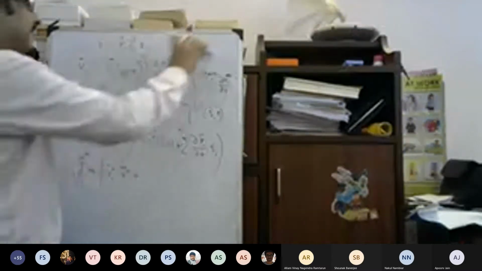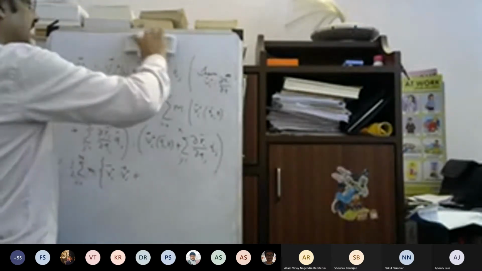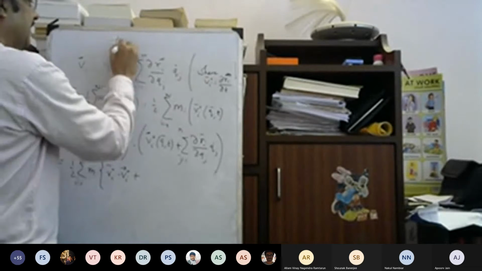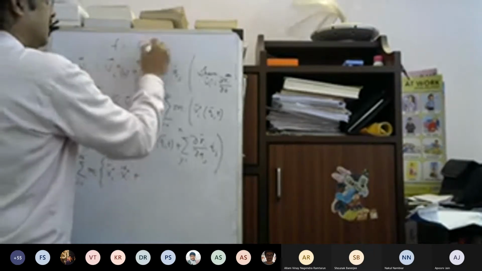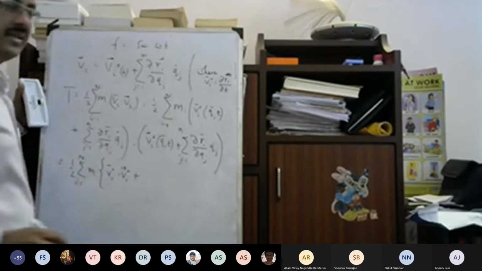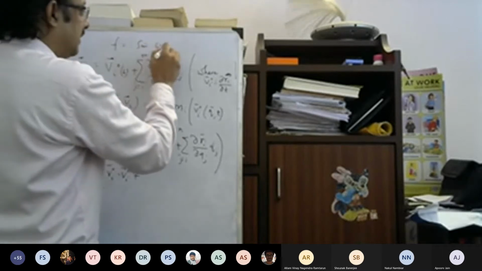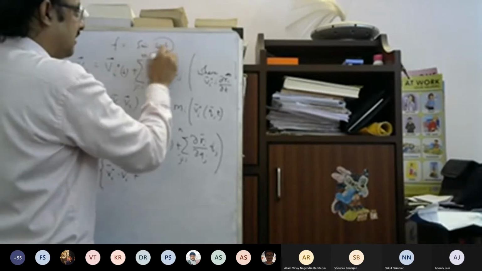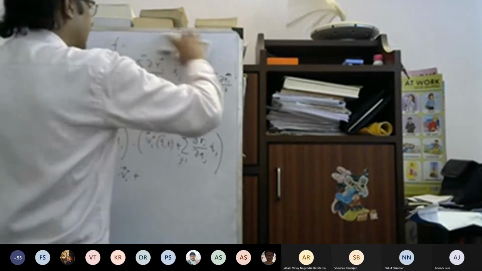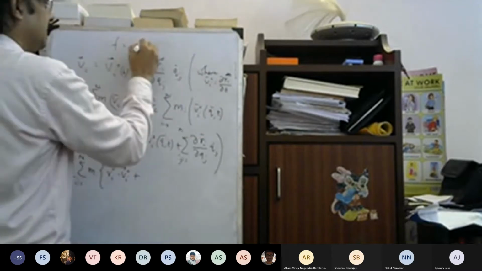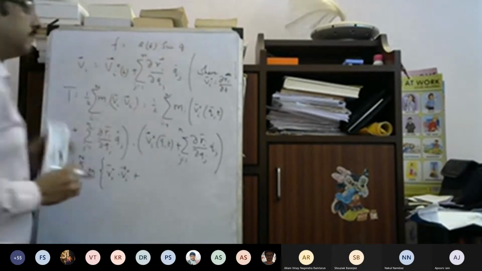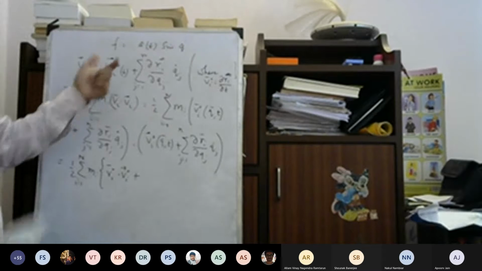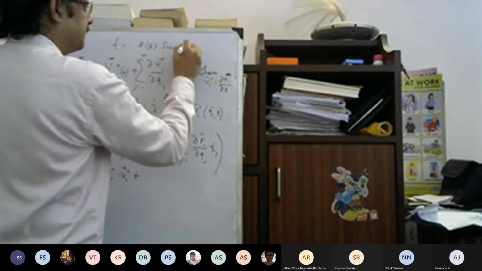In that way, if you take any example, this is a very simple differentiation. You can try any example. For example, take a function f equal to, let us say, sine omega t. With the chain rule, you know how to do it, but say sine q, where q is a function of t.